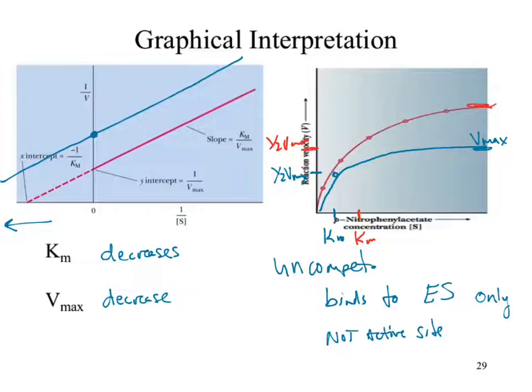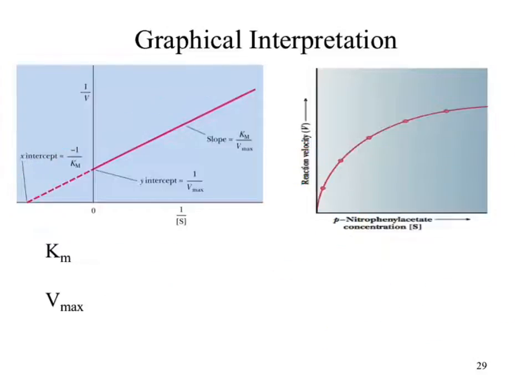Okay. The last one that is particularly relevant for the homework, we'll look at here in a second, would be the mixed, or not, it's mixed non-competitive. Which means what?